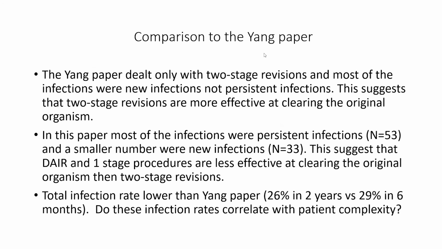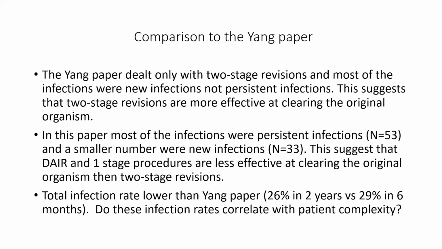If we compare this last paper, the Bernard paper, with the previous one, the Yang paper was only 2-stage revisions. And interestingly, most of the infections were new infections. So that suggests that 2-stage revisions are pretty effective at clearing the original organism, but they do tend to get new infections if they're complex patients with poor healing, et cetera.